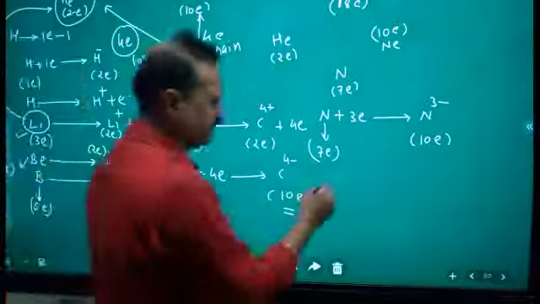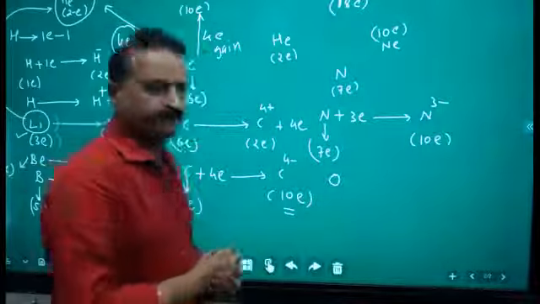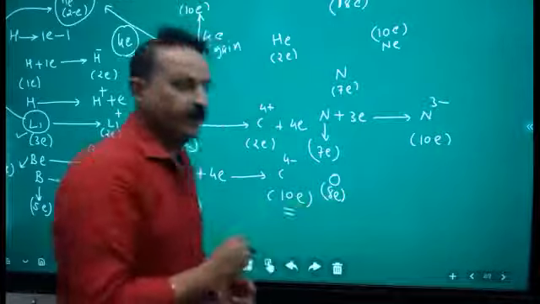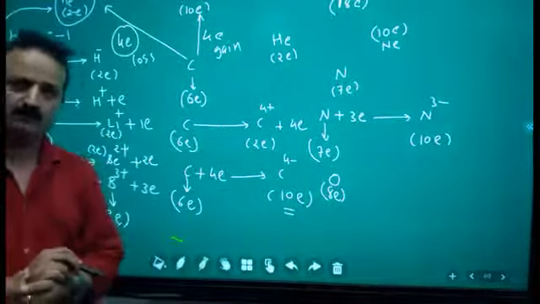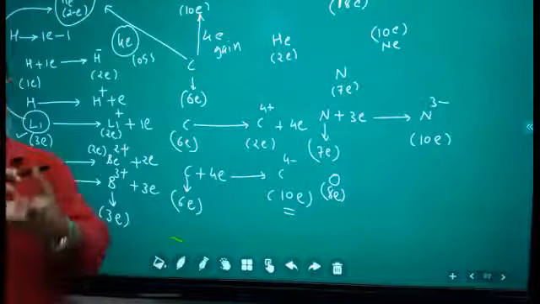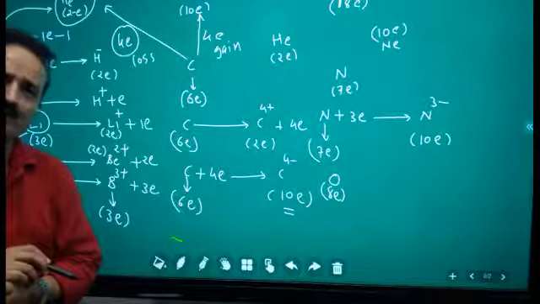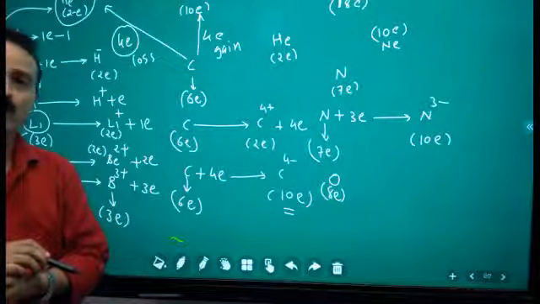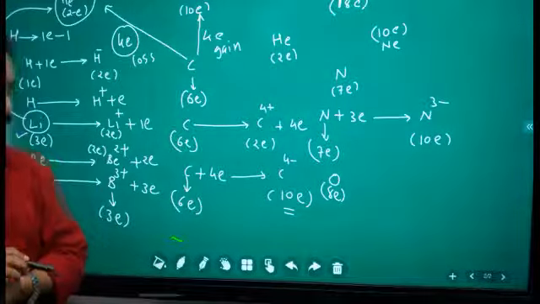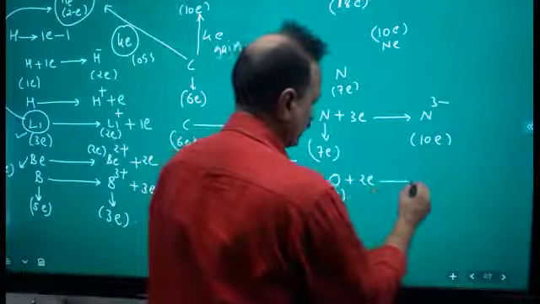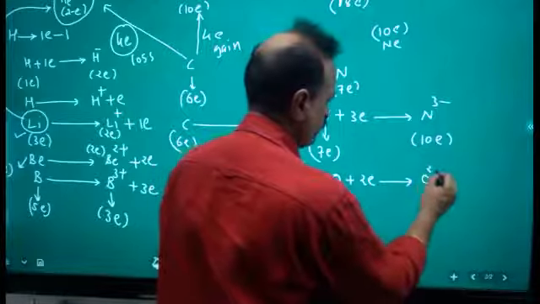In the same way, oxygen atomic number 8, 8 electrons. If it wants to become helium, it should lose 6 electrons. If it wants to become neon, it should gain 2 electrons. 2 electrons is the smaller number. So the nearby noble gas of oxygen is neon. So oxygen will gain 2 electrons and become 2 minus.